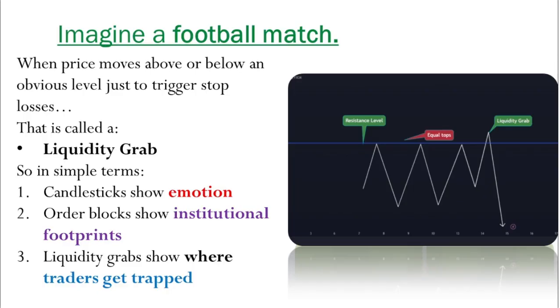Candlesticks show fear, that's emotion in the market. Order block shows institutional footprint. Liquidity shows areas in the chart where traders are being trapped. Just like you can see here. At this particular point, traders were trapped. Both buyers and sellers were trapped at this very point.